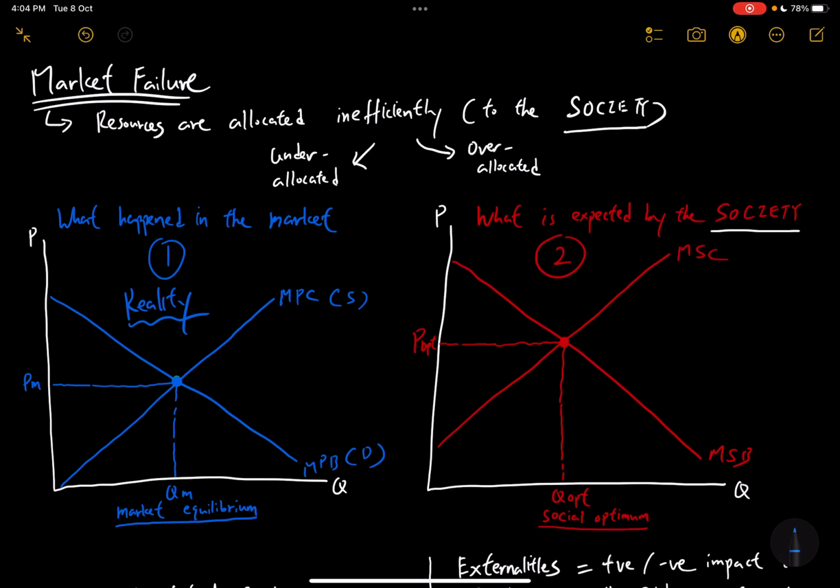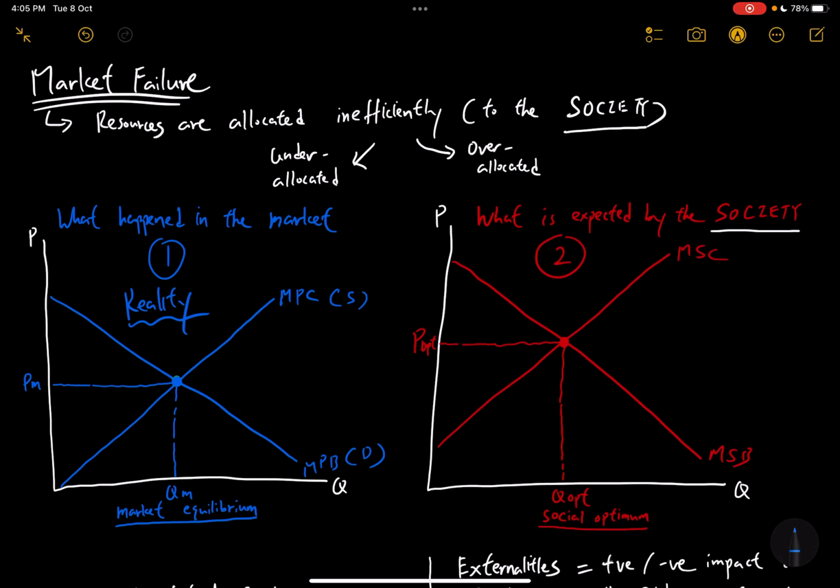But what are we talking about on the diagram on the right? That would be from the society's point of view. What are they really expecting? The society here doesn't really exist as a real person. It's just, for the love of God.